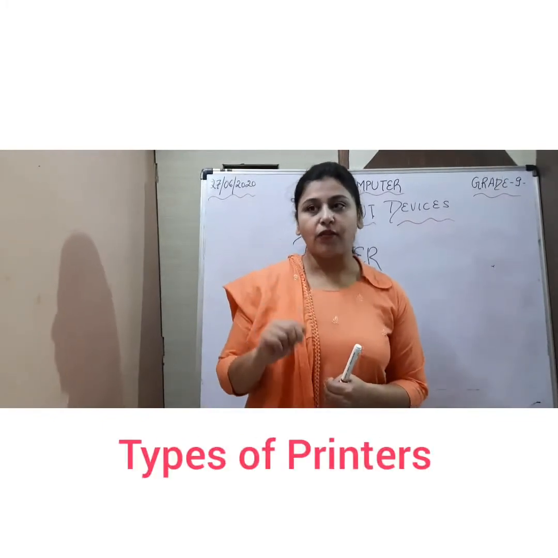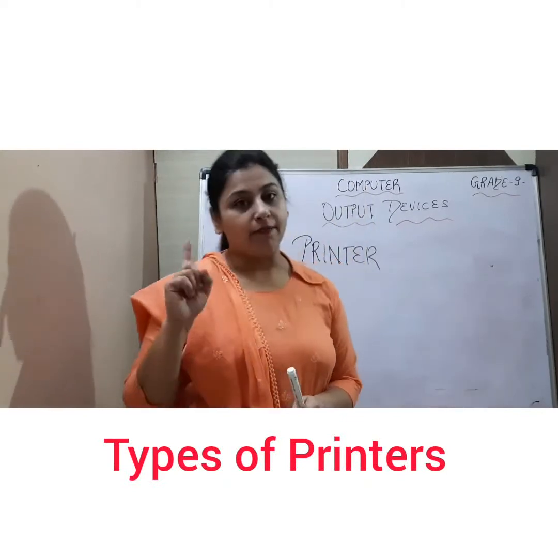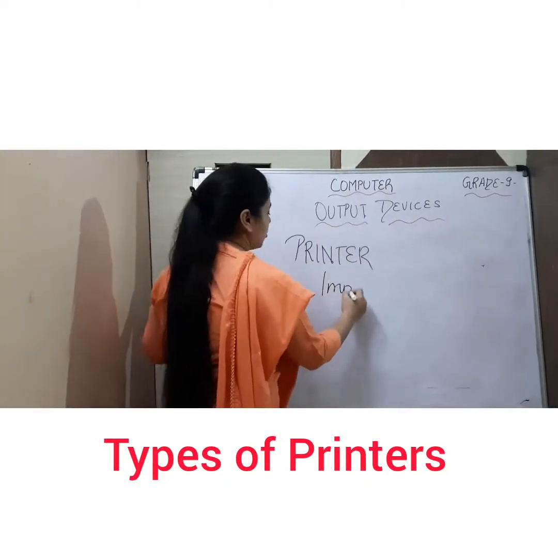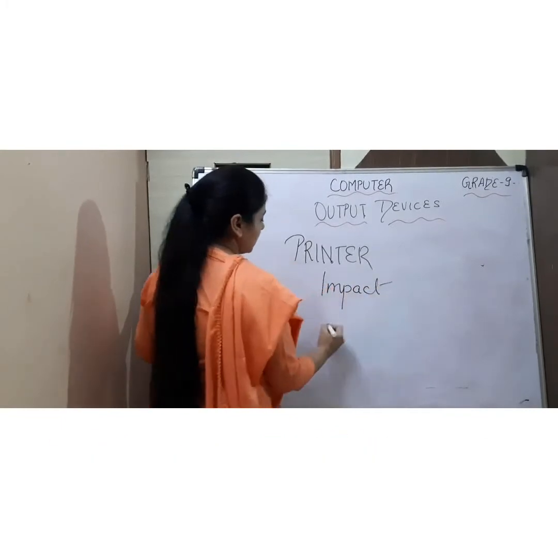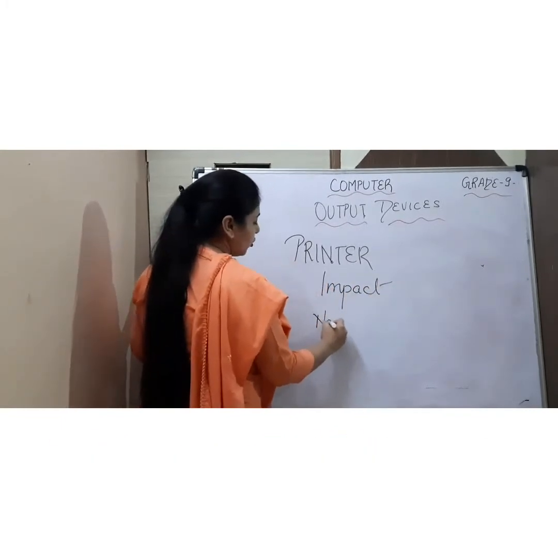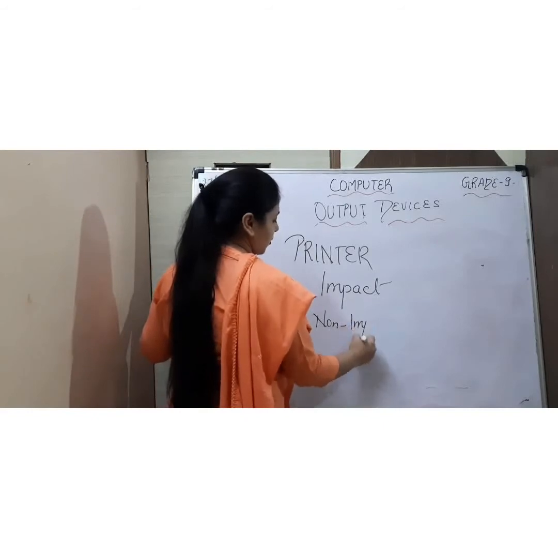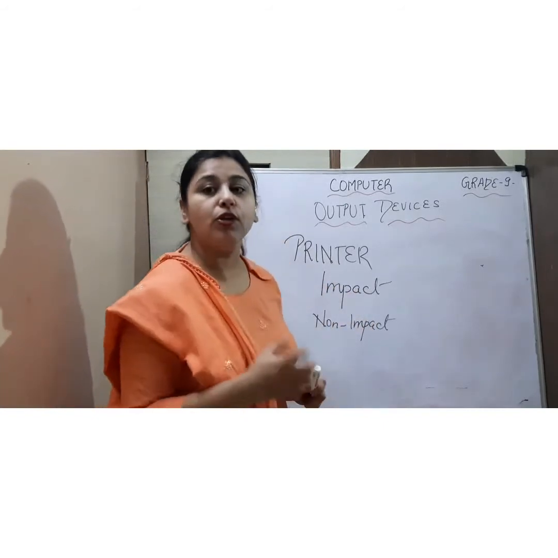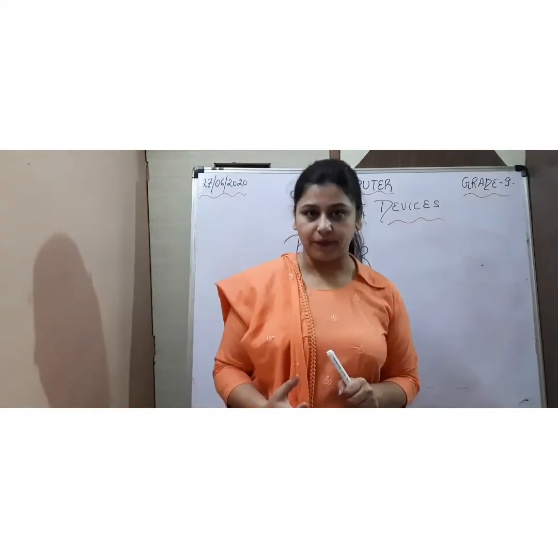And printers are of two types. The first are impact printers and the second are non-impact printers. So what is the difference between an impact printer and a non-impact printer? Impact printers are those printers that produce sound while printing.